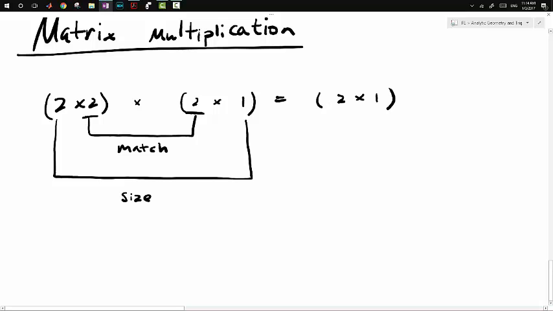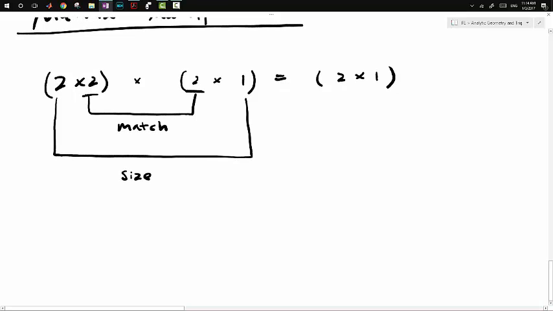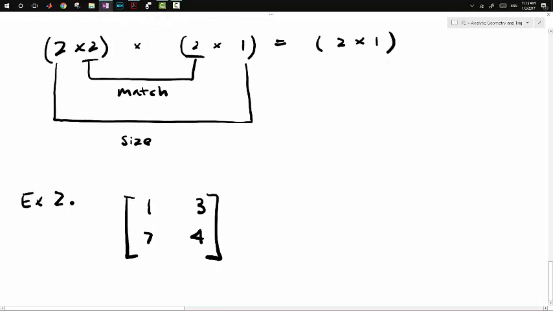And this has to do with how matrix multiplication is performed. So let's do an example. If you have a matrix 1, 3, 7, 4, and you multiply it by a matrix 4, 3.